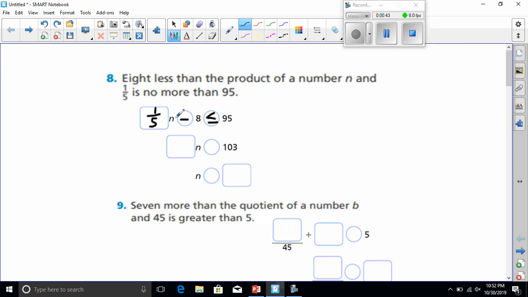Now I know that I'm going to go ahead and add 8 to both sides. And when I add 8 to both sides, that would give me 95 plus 8, which is 103. My symbol still comes down the same way. And since I got rid of this, this is still going to leave me 1/5 n.